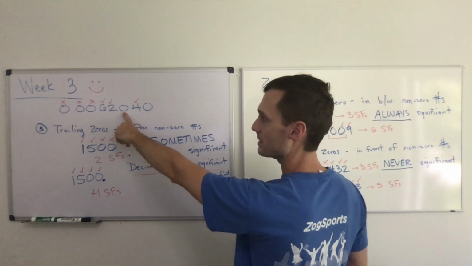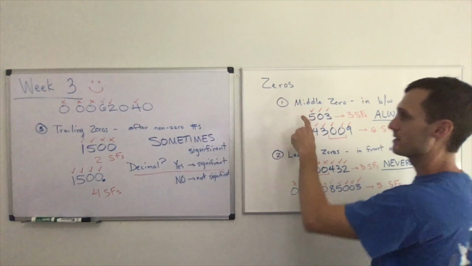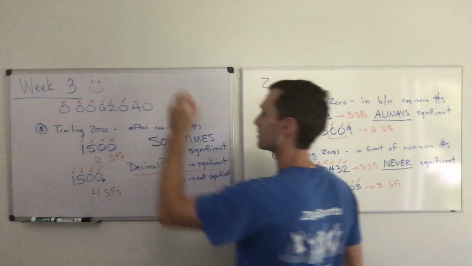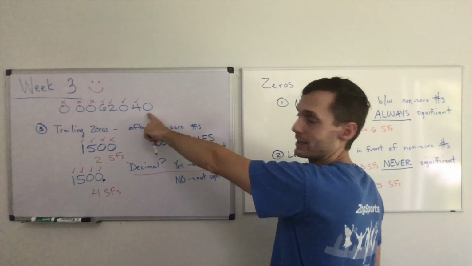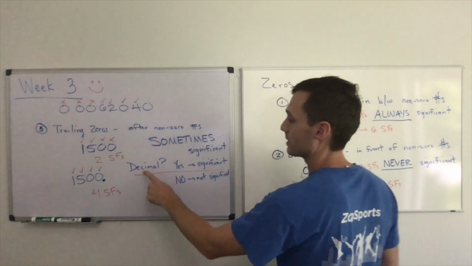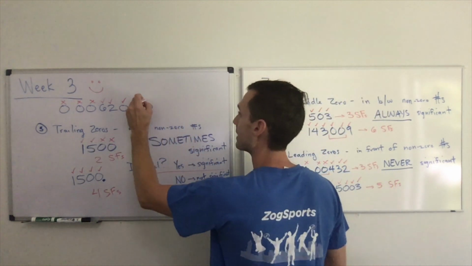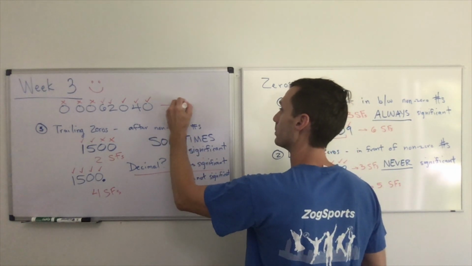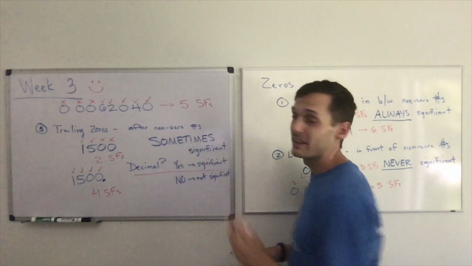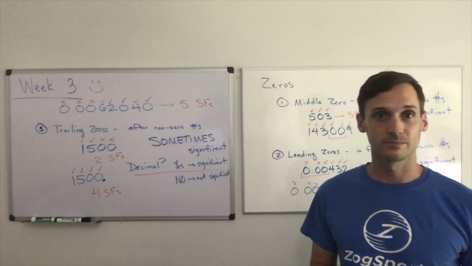Next one we come to is in the middle. It's a middle 0, which is always significant, so we'll count that. And then the last one here we come to is a trailing 0. We ask ourselves, is there a decimal? The answer is yes, so that is significant, and we would have a total of 5 sig figs. Okay?